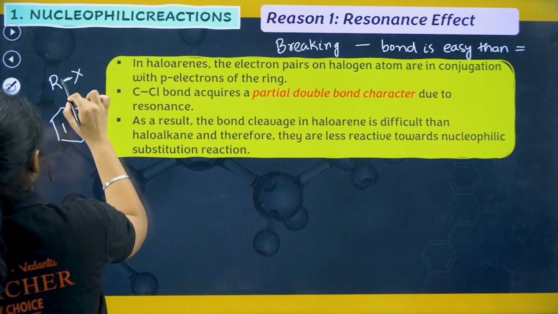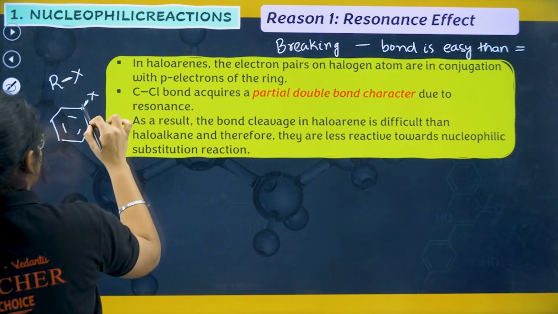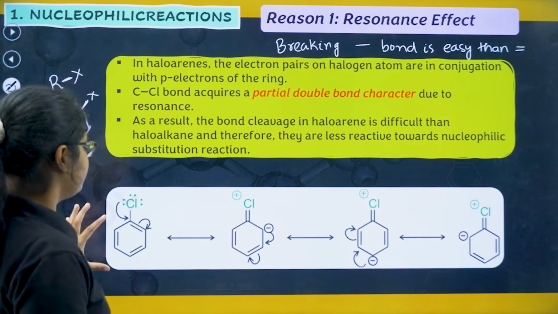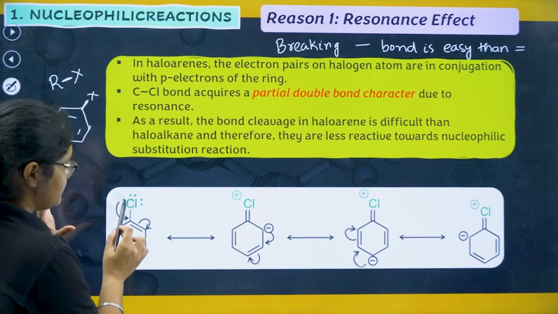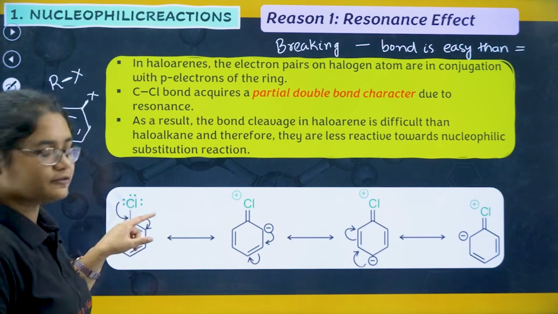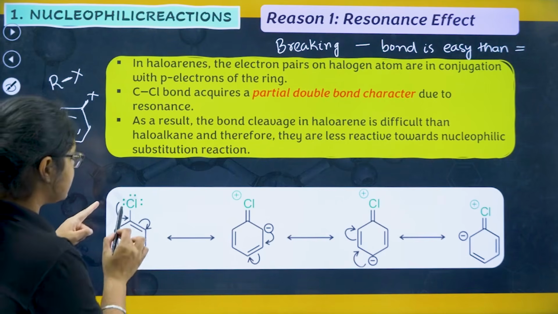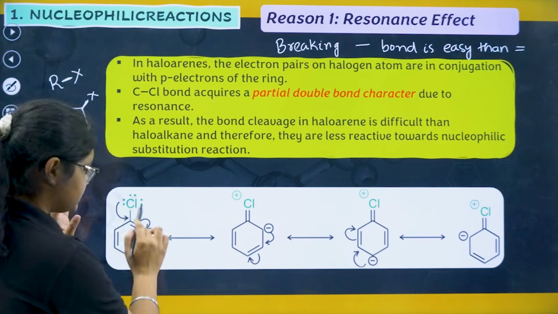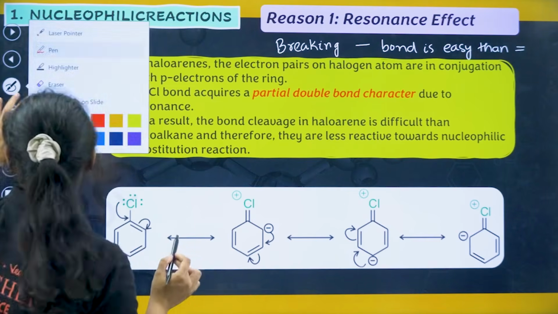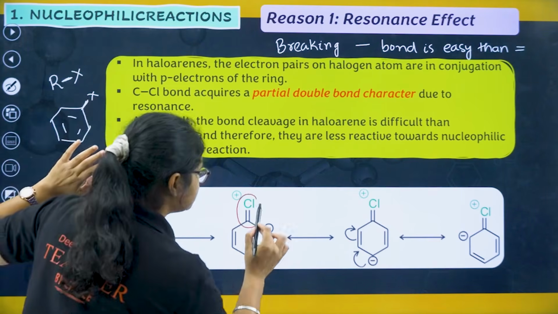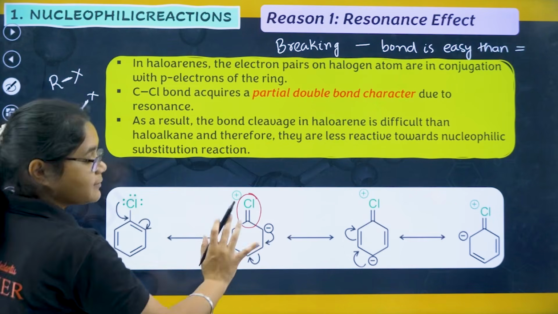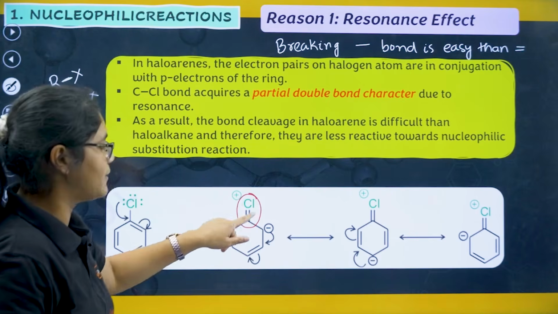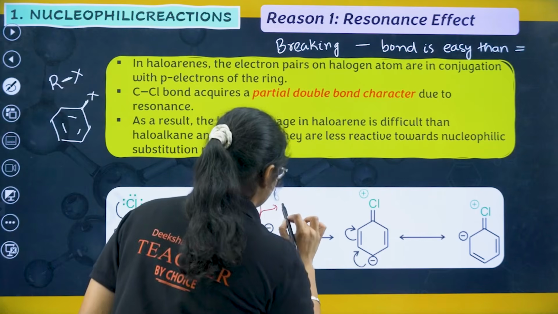Now this also looks like a single bond. But let's see what happens after this. This X group here has a lone pair, there are 3 lone pairs present, and now these lone pairs undergo resonance. Due to this resonance, you can see a partial double bond is formed here. This double bond is not a permanent double bond, but due to this resonance, a partial double bond is created.